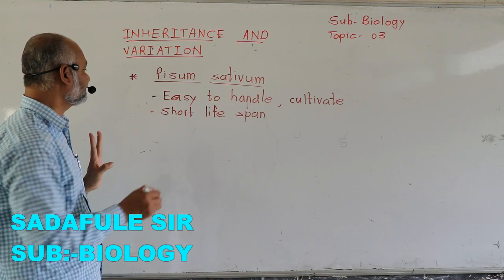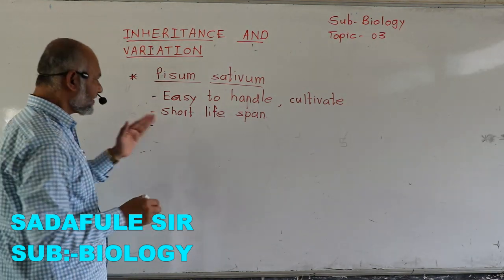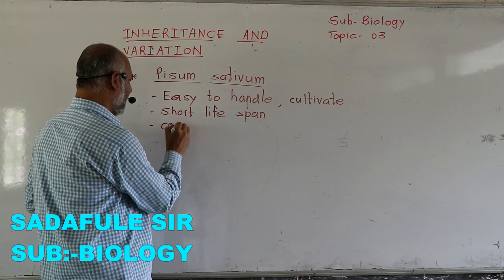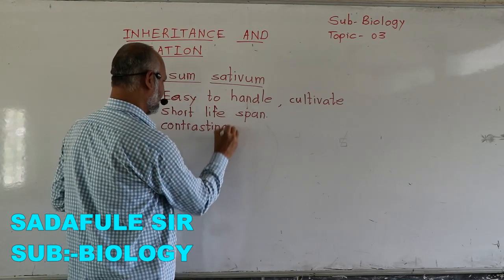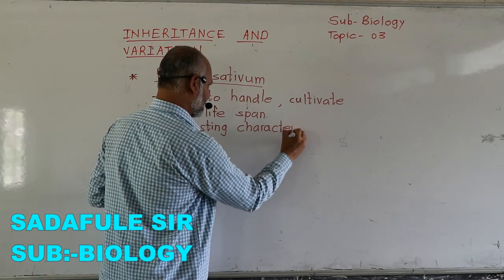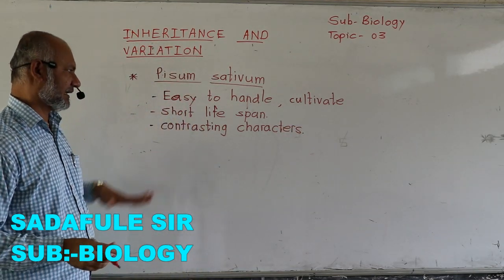Next, it shows easily observable pairs of contrasting characters.